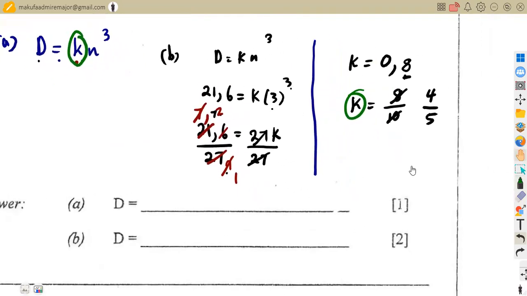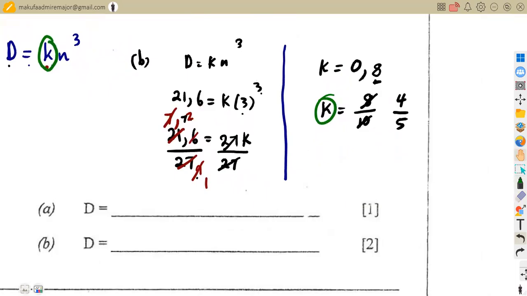So what are you going to do? We are going to substitute this information on our d. Where there's a k here, we are going to substitute the k that we obtained. So d is equal to, remember, we got our k as 4 over 5 or 0,8. So we are going to have 4 over 5 in place of k, times n to the exponent of 3.